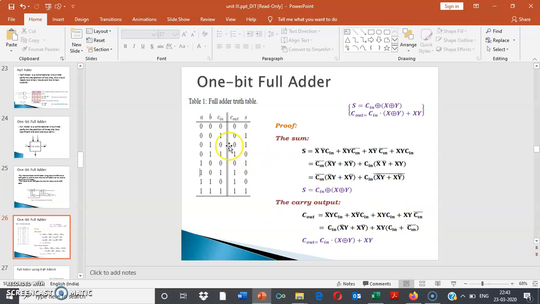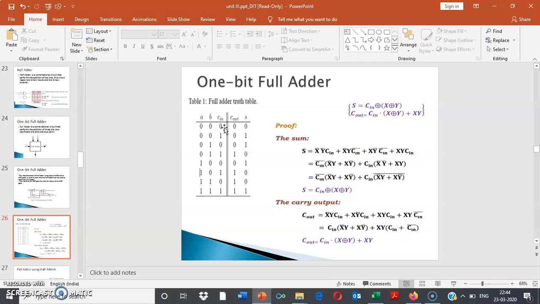So this is the truth table. You have three inputs, A, B, C in, and two outputs, sum and C out, that is carry. Now let us have each input with 0 and 1 combination. So we write down this table.